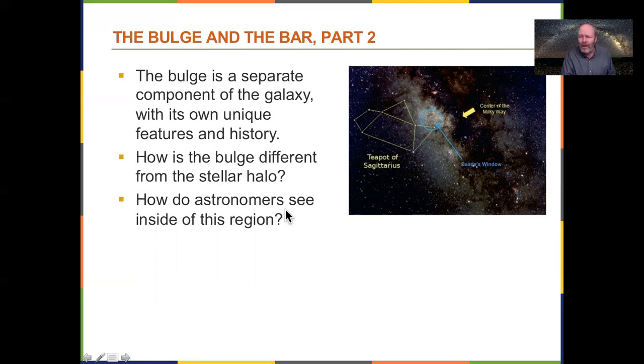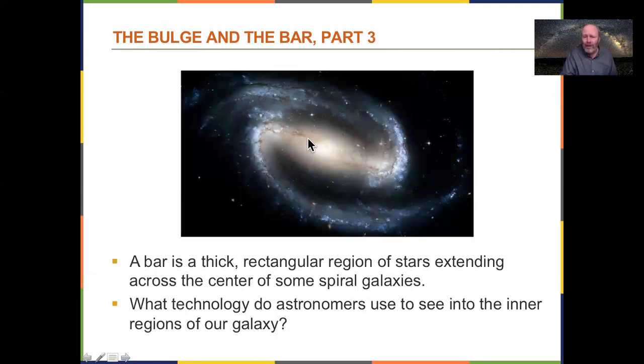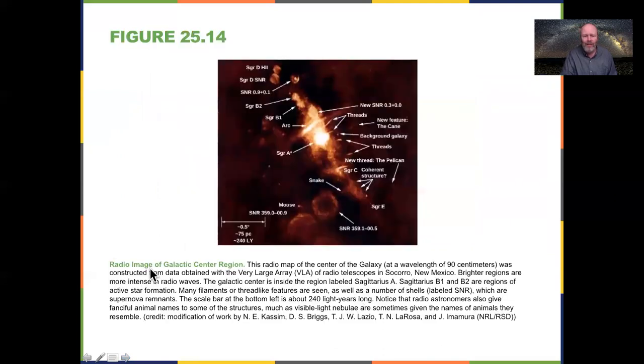And when we're looking inside of this area, because of the galactic extinction that I've talked about before, we're mostly looking at it in radio waves. We do have a bar across, and when we're looking for that kind of stuff, again, we're often using radio technology. We can also see some in infrared, but we tend to look a lot in the lower energy levels. This is a radio image of our galactic center.